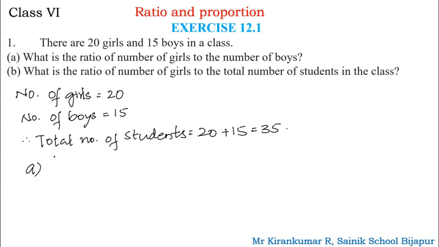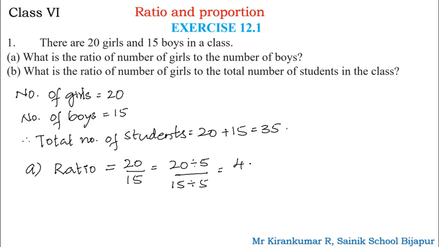Now, related to the first one, the required ratio is the number of girls to the number of boys. We can further simplify this by dividing by 5. If you divide by 5, we get 4 is to 3 or 4 by 3.